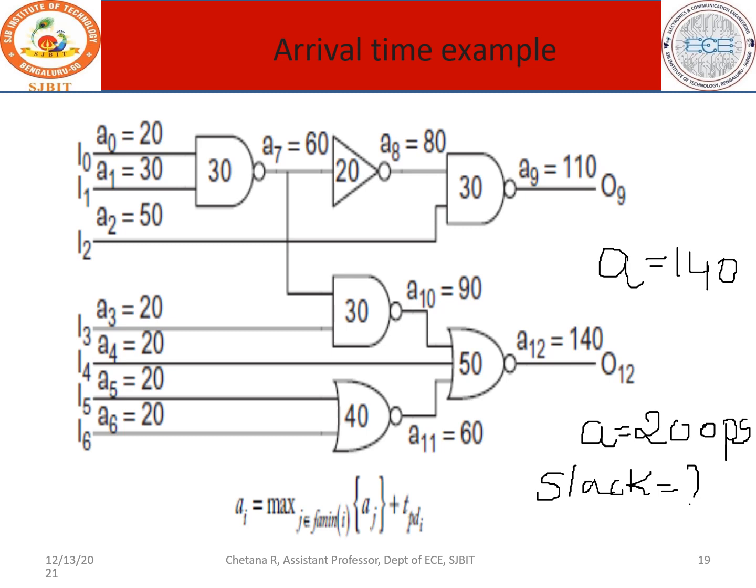So what is the required time we have? The condition given to you is 200 picoseconds, which is the required time. But what is the arrival time? Practically, as we have seen, it is 140. So the difference will be 60. Therefore, the slack is 60 picoseconds. This is how we can calculate this also.